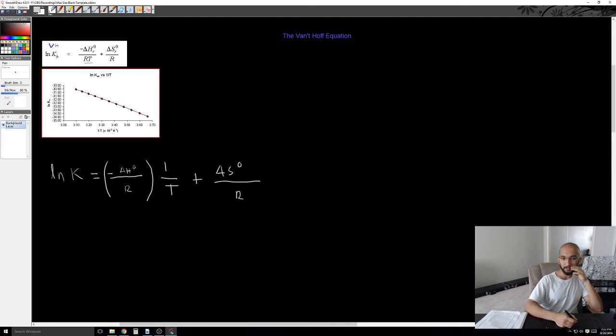Why are the graphs produced by the Van 't Hoff equation so readable? And the answer lies in the form of this.